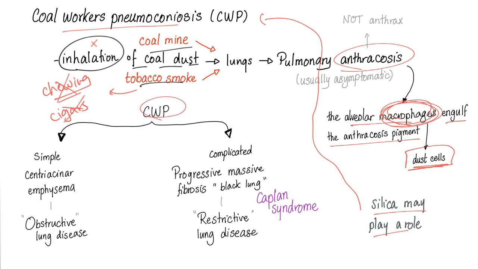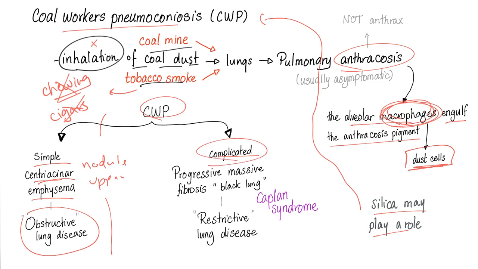We can divide coal workers' pneumoconiosis into simple and complicated. Simple, you have just some nodules in the upper lobe, and you might have centriacinar emphysema, which is an obstructive lung disease. That's not so bad. I'm not saying it's bad, but it's not so bad. Wait until you hear the complicated. You have again nodules in the upper lung. Progressive massive fibrosis.